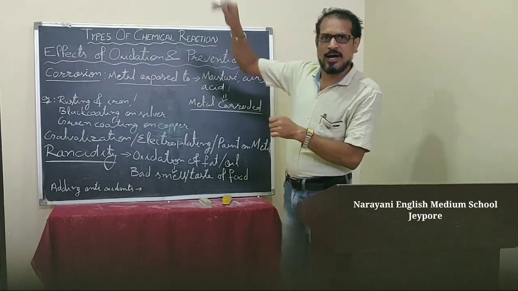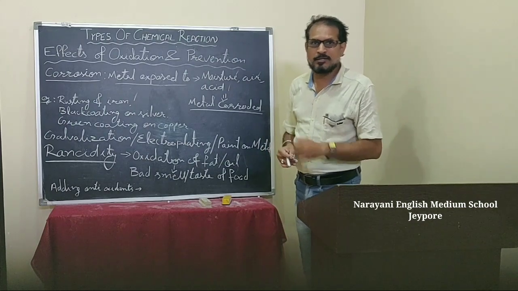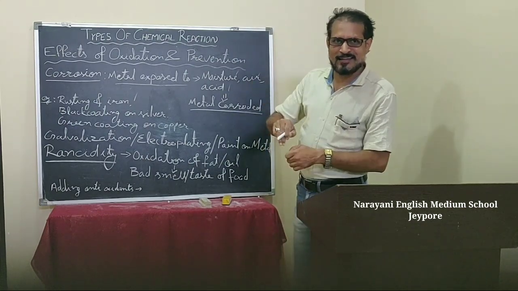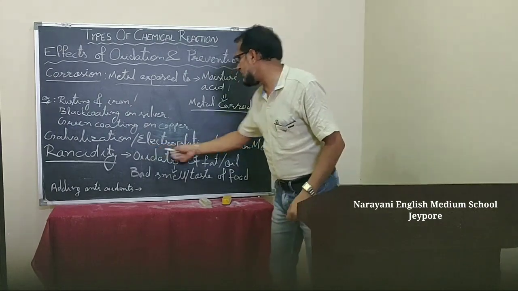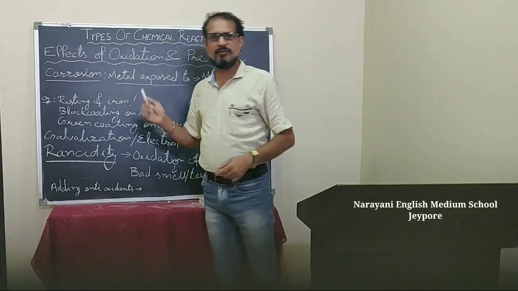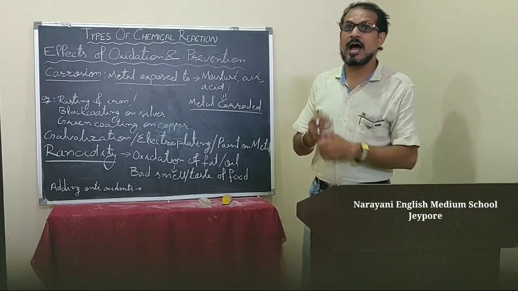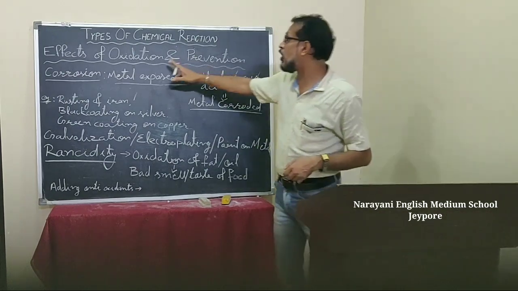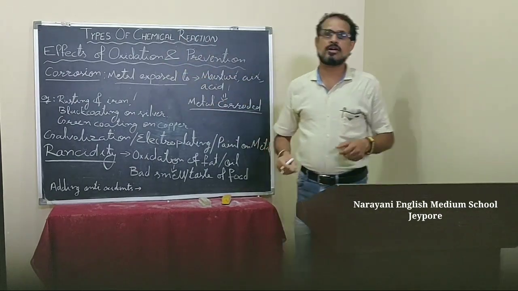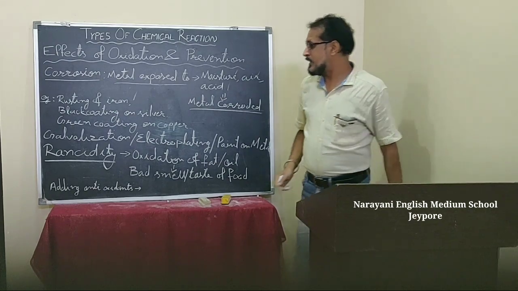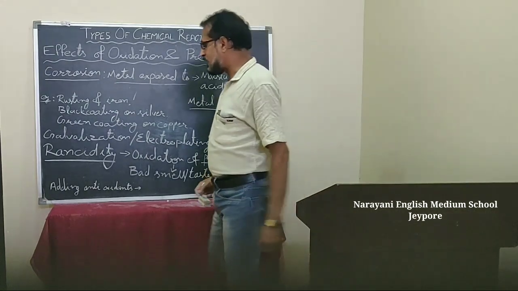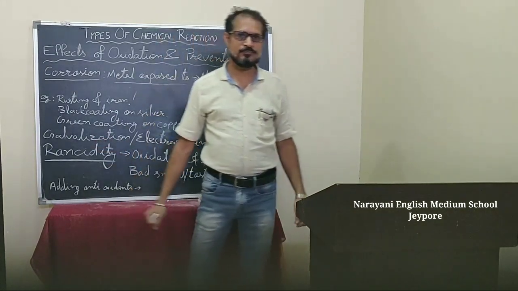Like on iron we are giving paint, but on rings we couldn't give paint like that. For that we have electroplating or galvanization. These are the methods in which our precious metals are being coated, by which they will not come across this corrosion.